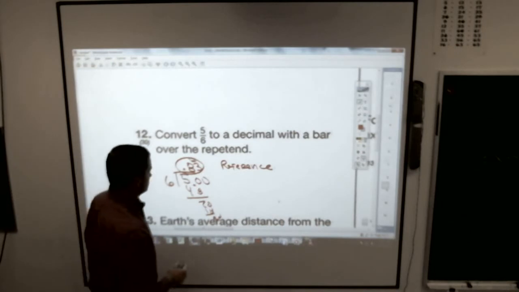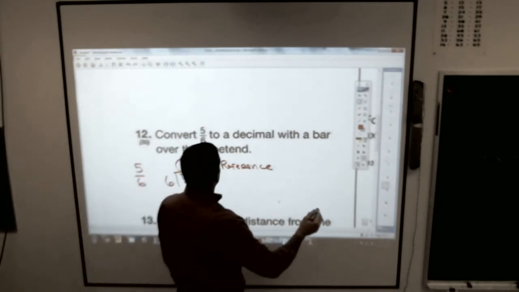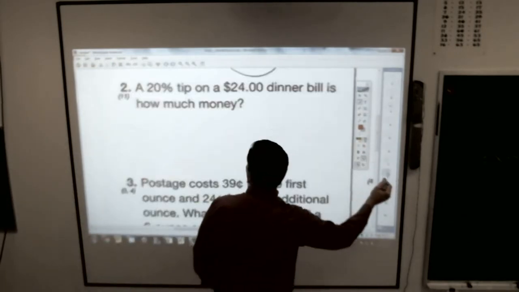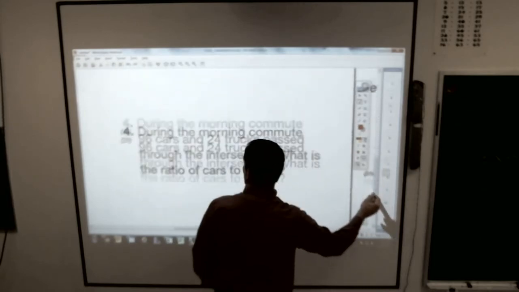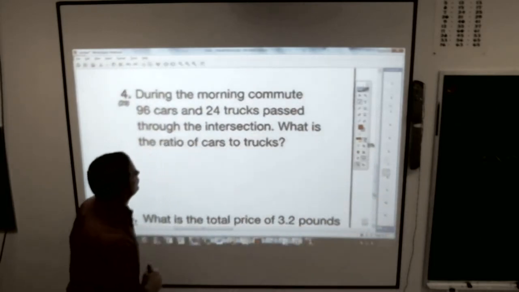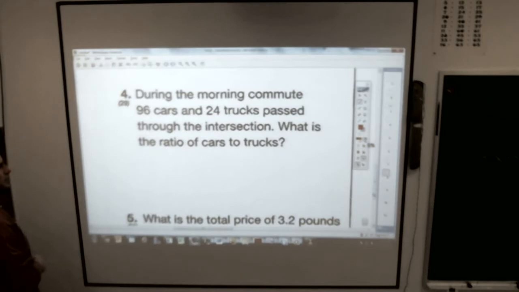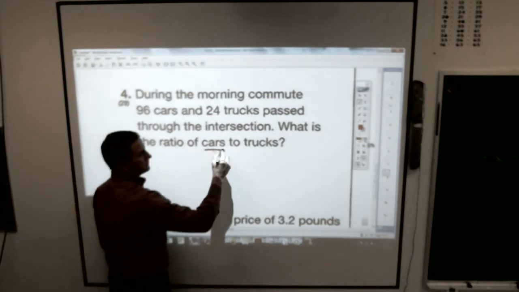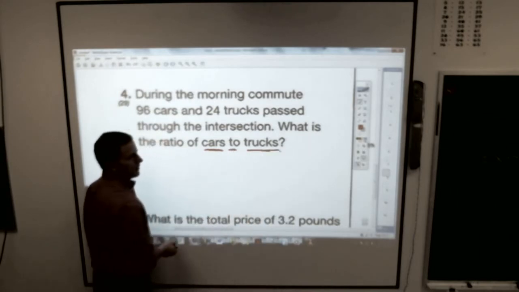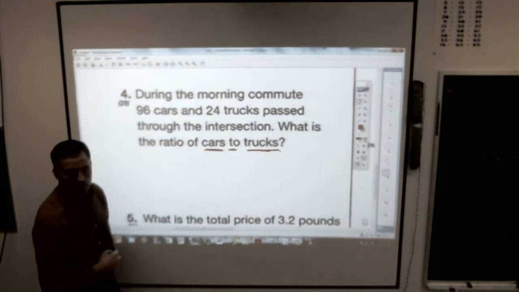Parker? How do you do number 4? During the morning commute, 96 cars and 24 trucks passed through the intersection. What is the ratio of cars and trucks?